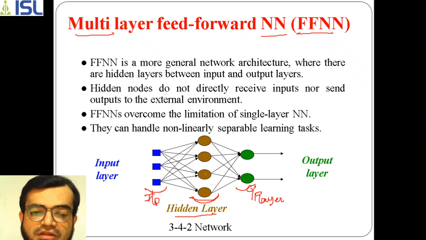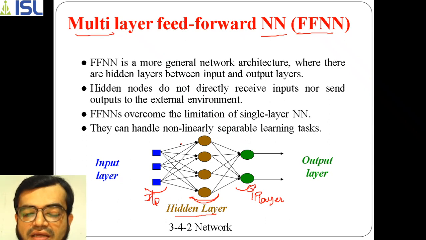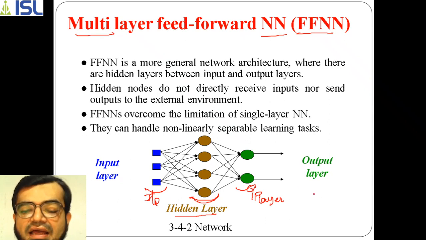Remember, the hidden layer is not an input layer, that means it is not taking input, and also it is not giving any output. It is just acting as an interface between input and output, taking the value obtained from the input layer and giving a value to the output layer in order to give the complete output.